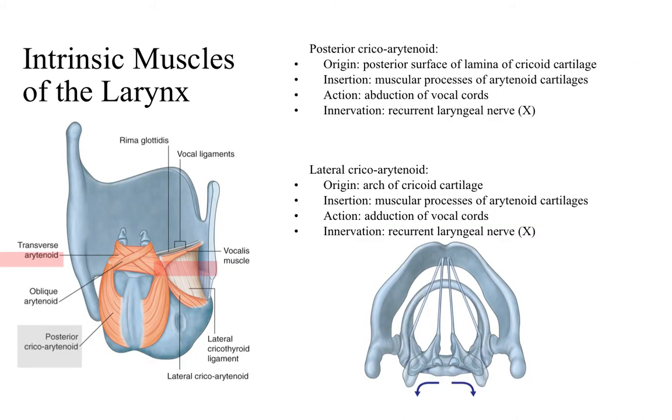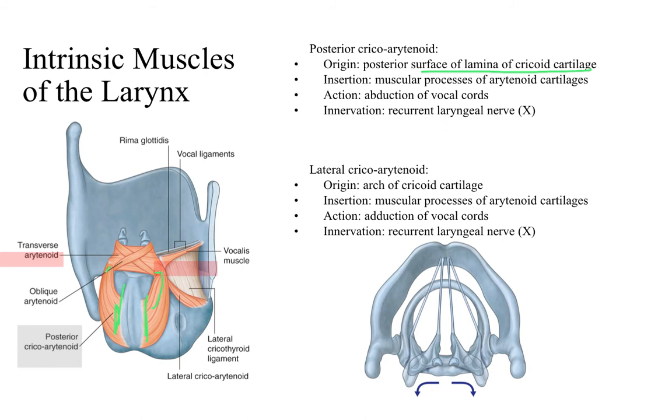All right, the next muscle is the posterior cricoarytenoid muscle. Its origin is going to be the posterior surface of the lamina of the cricoid cartilage, so that will be back here. And its insertion is going to be the muscular process, so the back of the arytenoid cartilage.